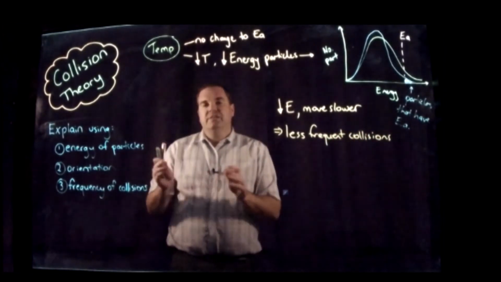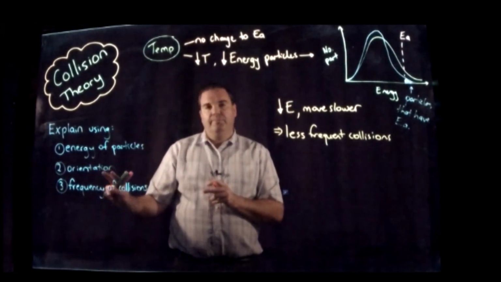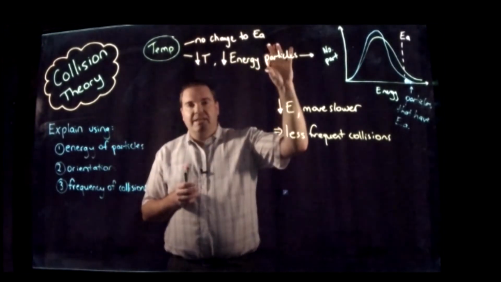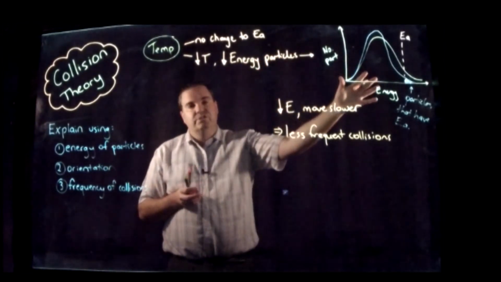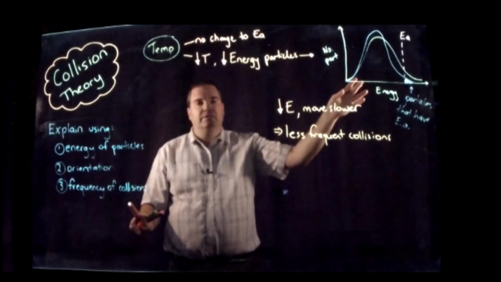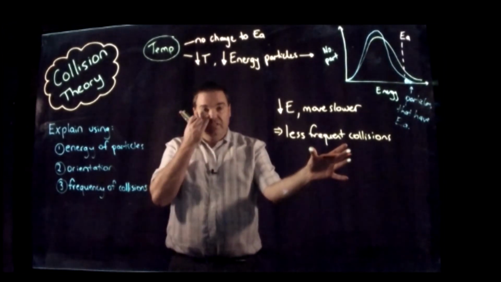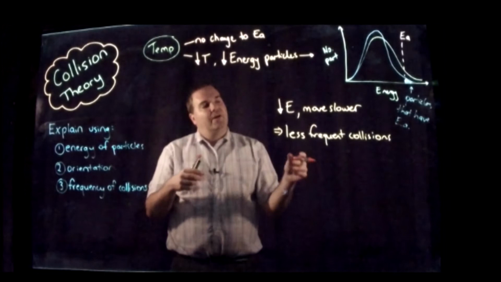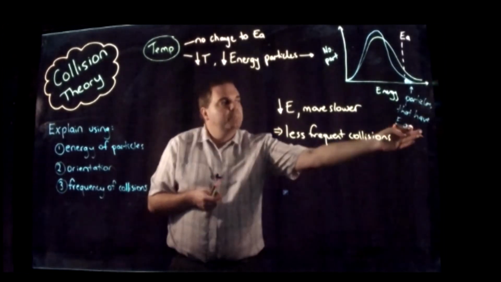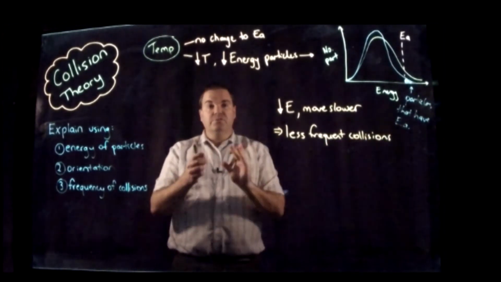Now temperature doesn't affect orientation of the particles at all, that's why I've skipped that one, but I've talked about the energy of the particles. We've got less energy, we've shown that in an energy distribution graph. Now we're going on to talk about the frequency of collisions. We have less frequent collisions when particles move slower. So not only have we got this effect of less frequent collisions, we've got less particles that have energy greater than or equal to the activation energy. So it's twofold.